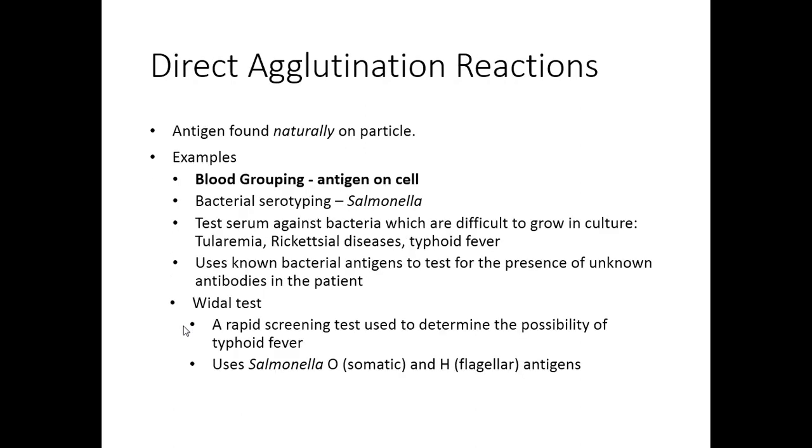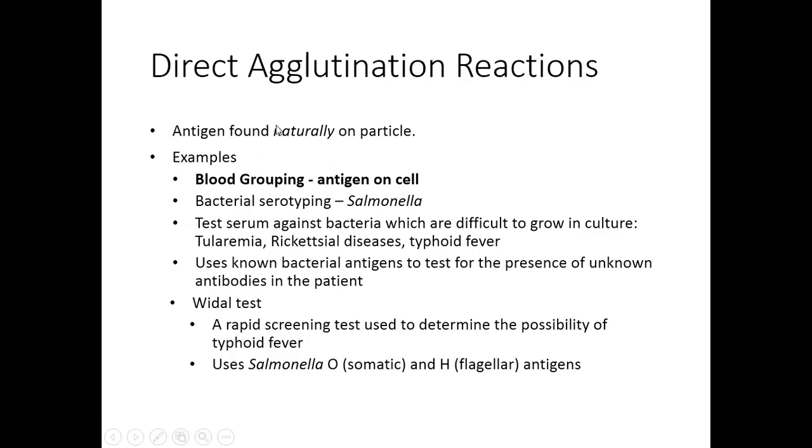Let's look at some of those agglutination reactions that I spoke of. The first one is called a direct agglutination reaction, the first of the three agglutination reactions that I showed you on the other slide. Remember, it was direct, passive, and reverse. What do we know about direct agglutination reactions? In this case, the antigen is found naturally on the particle.